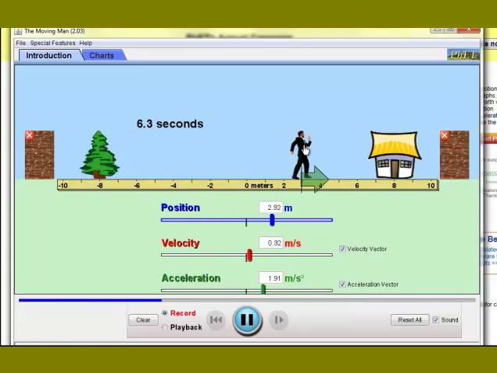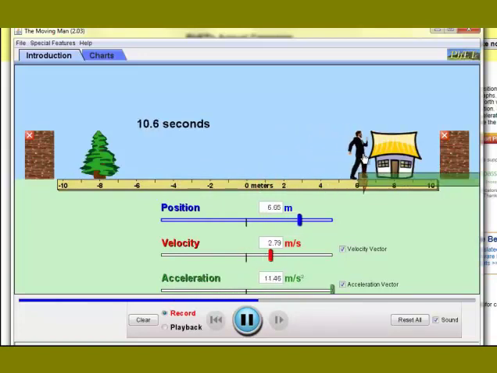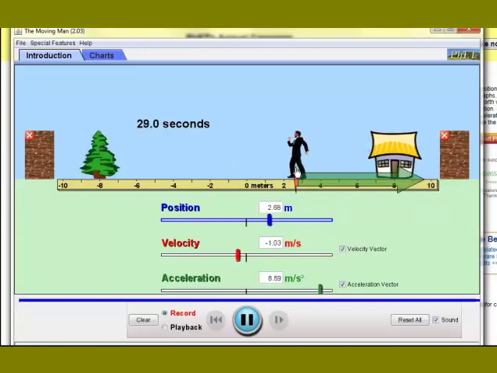Every time my little finger gets a little bit slow, the acceleration becomes negative. So you can see a little bit of the forward velocity, but well, we just crashed and burned there. But anyway, now the velocity is negative, and the acceleration bobbles back and forth as I speed up and as I slow down. I love this little guy.